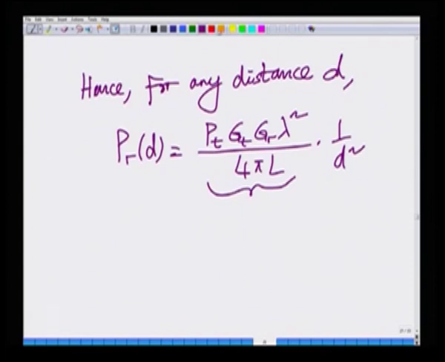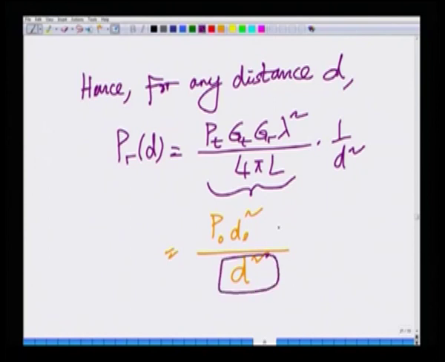Hence this equals P naught d naught square by d square. That is, the power received at any distance d is the reference power P naught received at distance d naught, times d naught square, divided by d square, and this d square factor is the most important one.